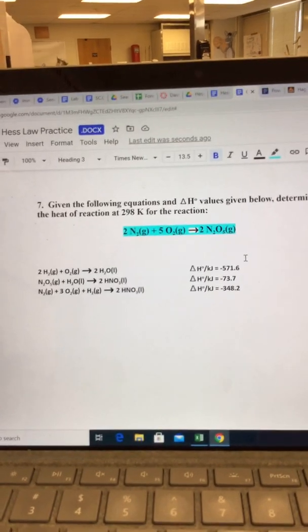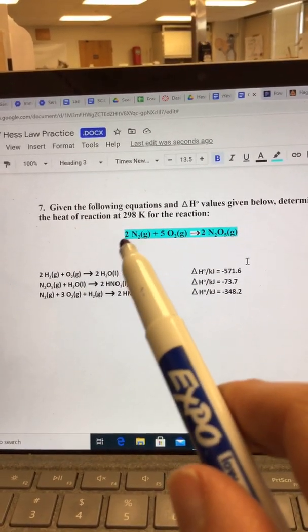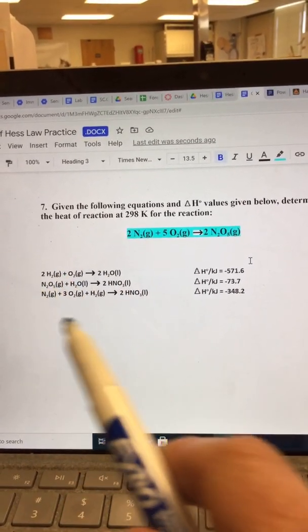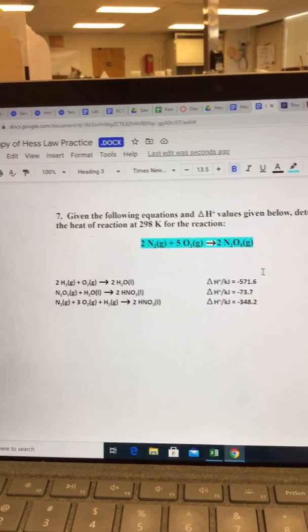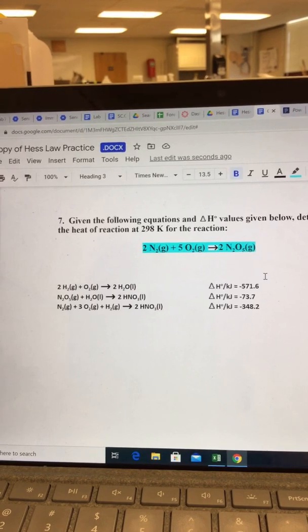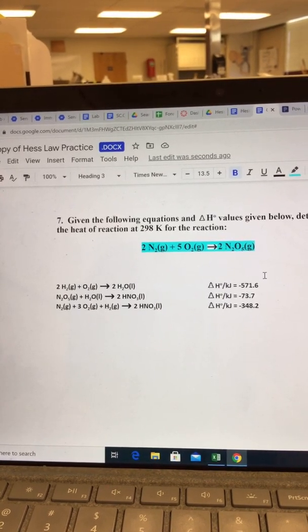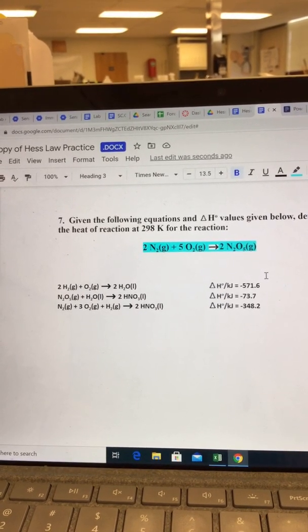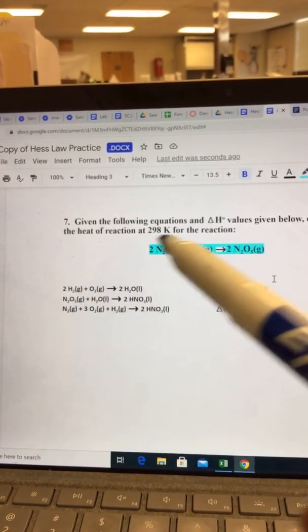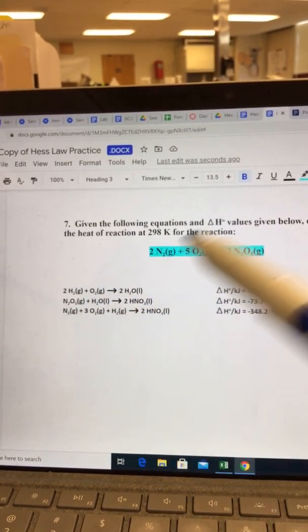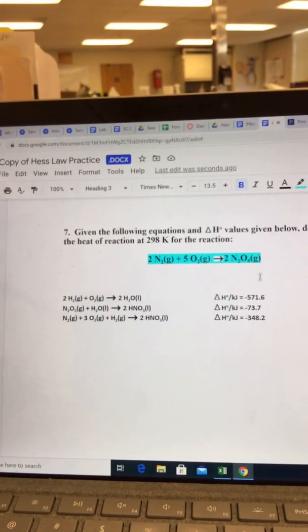Number 7. First thing we need to find is 2 nitrogens. We're looking down here for nitrogens. Oh, there's some nitrogen. It's in equation 3. I don't have as many of them as I needed. I only have 1 of them. So that lets me know I better multiply equation 3 by 2, because I need 2 nitrogens and that's the only place I can get it.